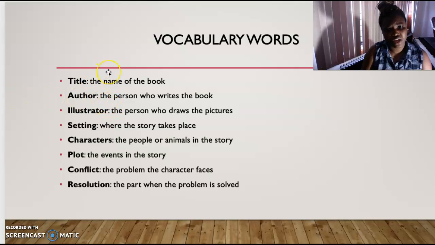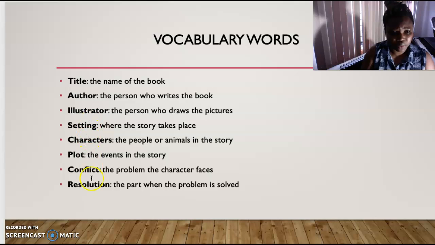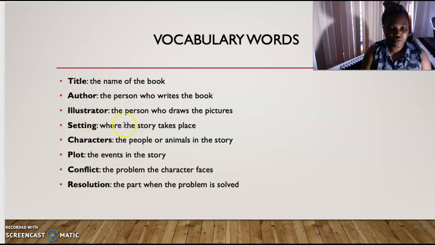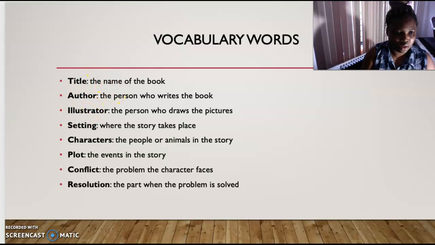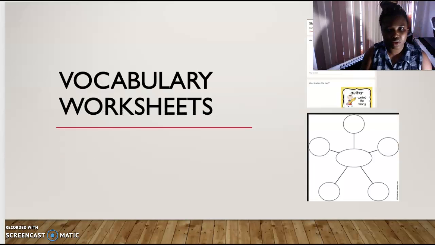Here next we have the vocabulary words. These are the words that we will be focusing on, which are the story elements throughout the lesson. The kids have to know and understand what each word means. Next we have the vocabulary worksheet. This is the word web.